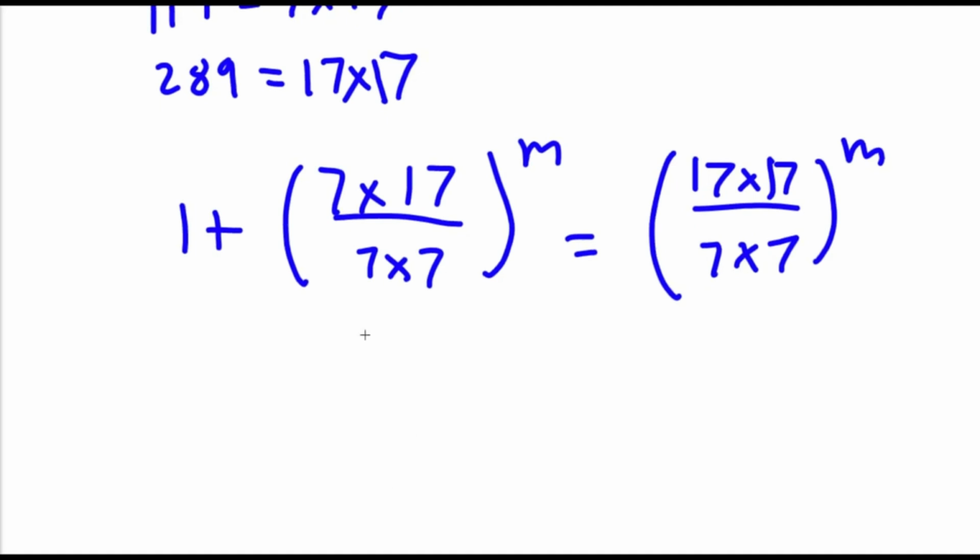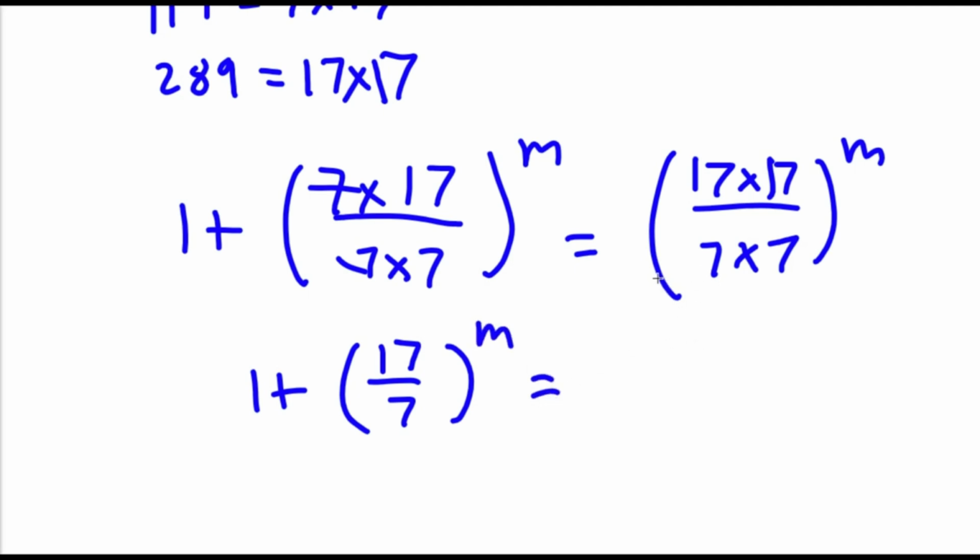So now these two can cancel out, and then I would have 1 plus (17 over 7) to the power of m is equal to, now 17 times 17 is the same thing as 17 squared, and 7 times 7 is the same thing as 7 squared. So I have this to the power of m.